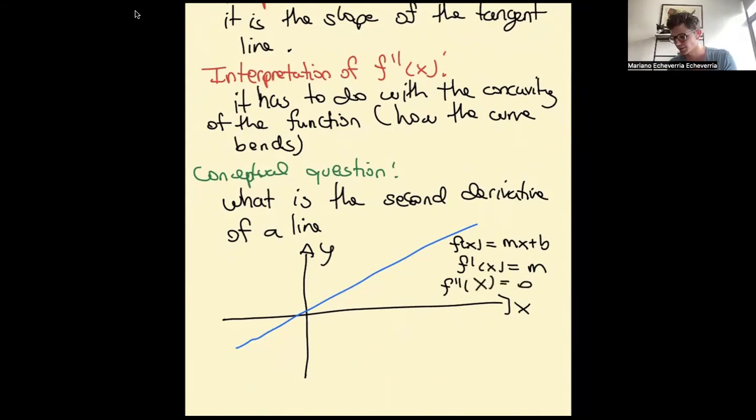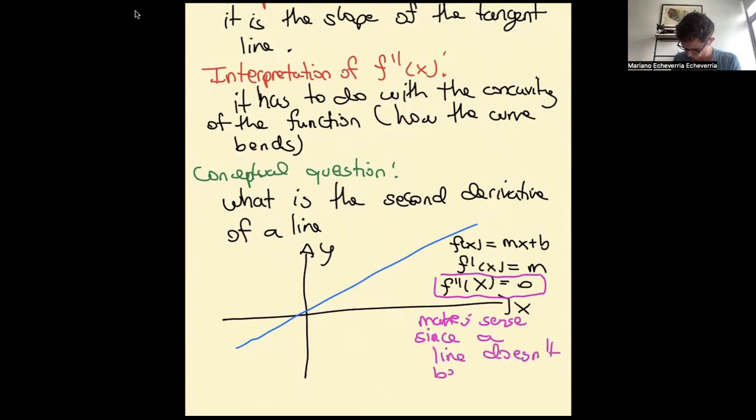If the second derivative is always 0, that means the graph of the function never curves itself, so it must be a line. Is that okay? Any questions about this?